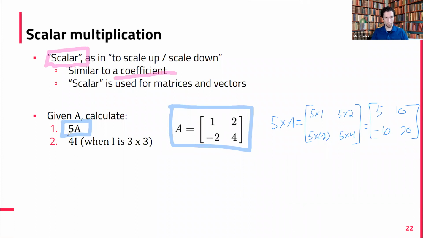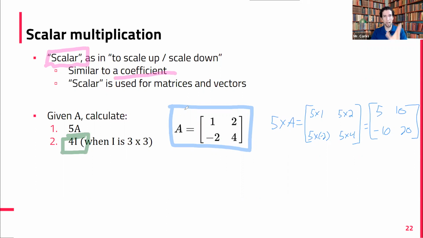We could have things like this. So 4 times I. If you remember, I is our symbol for the identity matrix. If I say 5 times A, A is just some matrix. We don't know what that looks like. It could be anything. So the person should tell us, oh, this is what matrix A is, by the way, here are the values. We don't do that with I. I is a special letter. It's reserved only for the identity matrix.